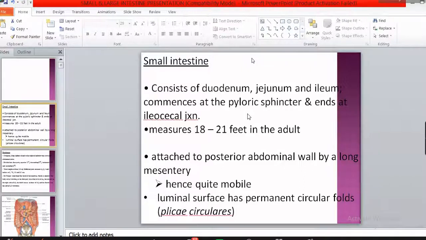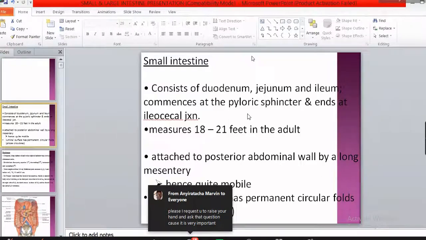It's still attached to the posterior abdominal wall by a long mesentery, most portions of the small intestine. But that can also be a disadvantage because it can easily be avulsed off. Avulsing can mean torn off the posterior abdominal wall in events of acceleration, deceleration, forms of injury.